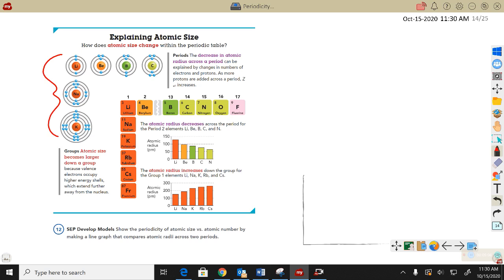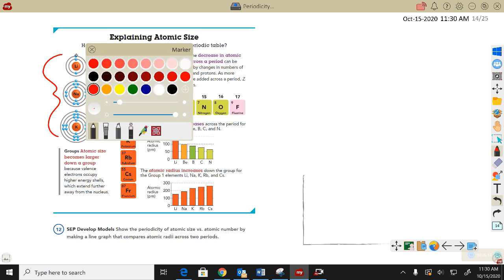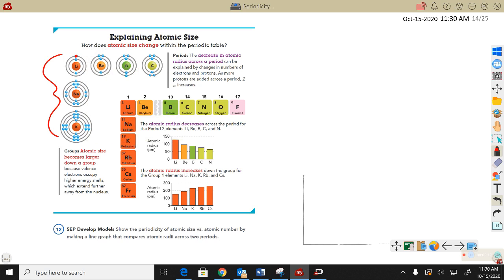But that one valence electron is going farther and farther from the nucleus. In lithium, it's in the second energy level. But in sodium, it's in the third energy level. In potassium, it's in the fourth energy level.